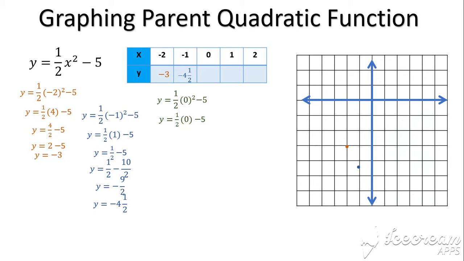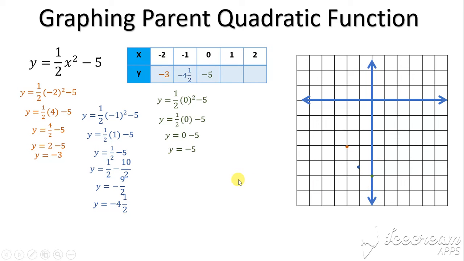That is just the same as 1/2 times 0 minus 5. And every number multiplied by 0 is 0. So I'm going to have y equals 0 minus 5, and I'm going to have y equals -5. So my point will be on here: 0 on x and -5 on y.